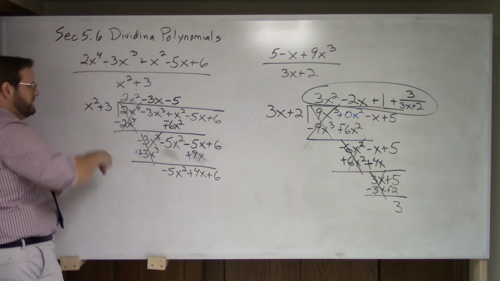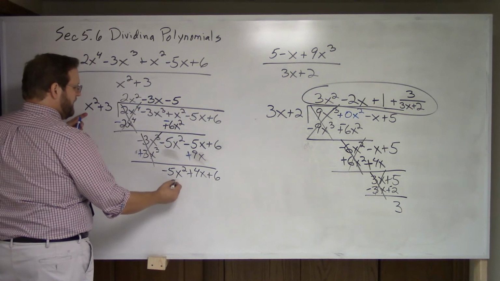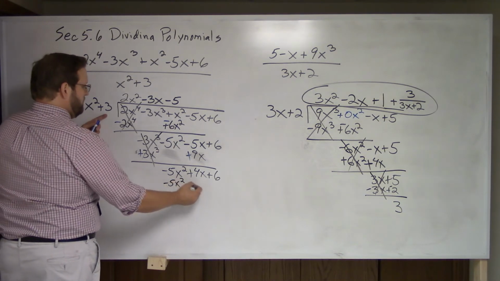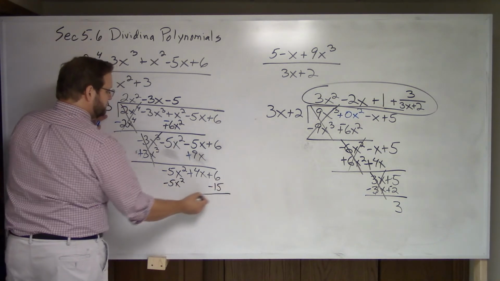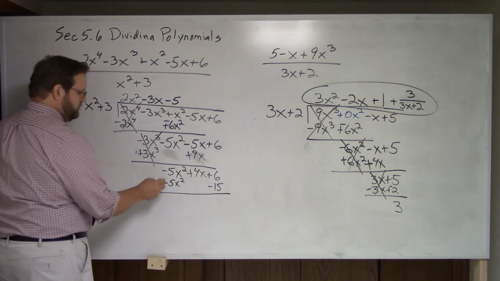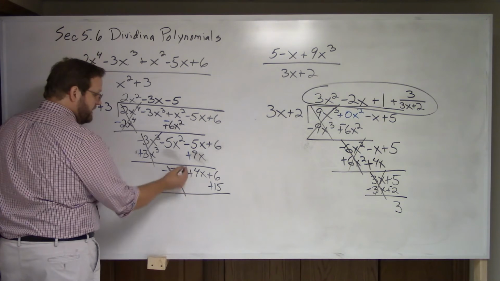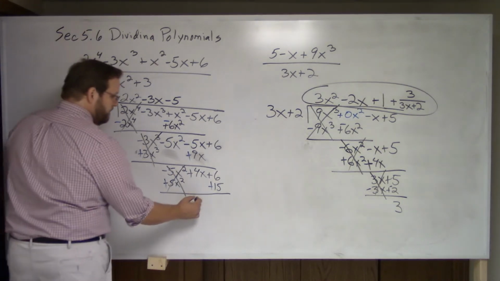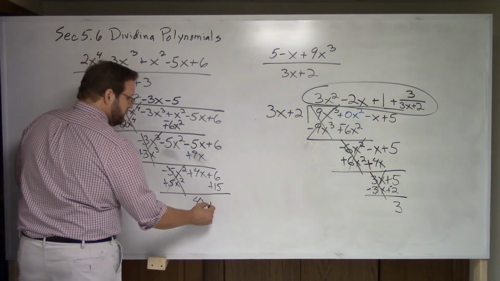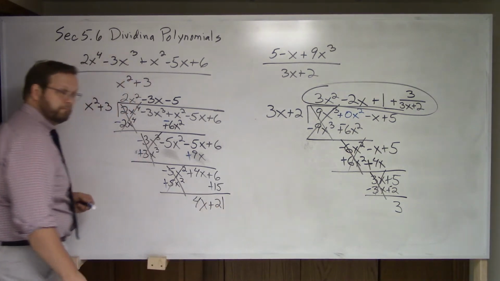I distribute the negative 5. Negative 5x squared minus 15. Change the sign, change the sign. Negative 5 plus 5 cancels. 4x comes down, and then plus 21.